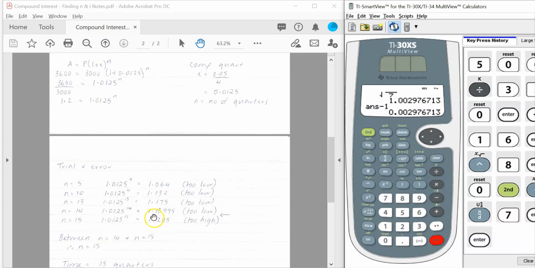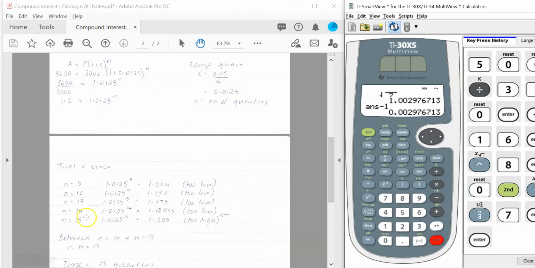N of 14, I'm getting 1.18995. It's just not too far under. And n equals 15, I'm getting 1.205. So that's actually gone a little bit over. My arrow to the side here is telling me that exactly 1.2 is happening somewhere between n equals 14 and n equals 15.